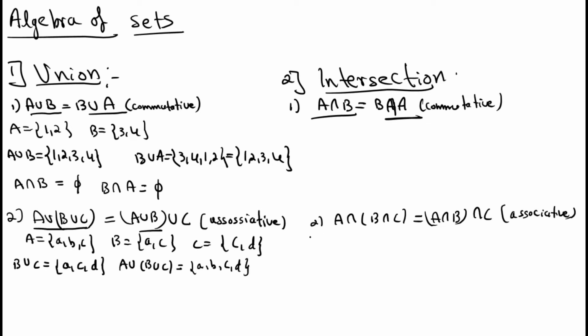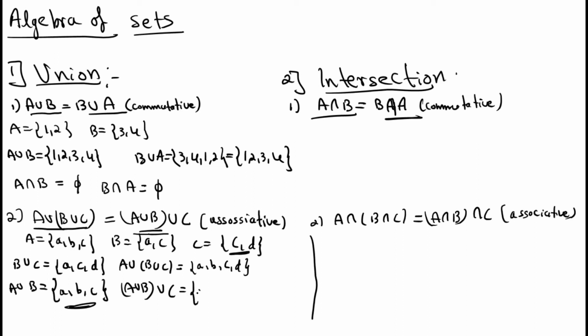Now verify the right hand side. What is the right hand side? (A union B) union C. First calculate A union B. A union B is equal to {a, b, c} only, right? Next calculate (A union B) union C. It is equal to {a, b, c} with {c, d}.